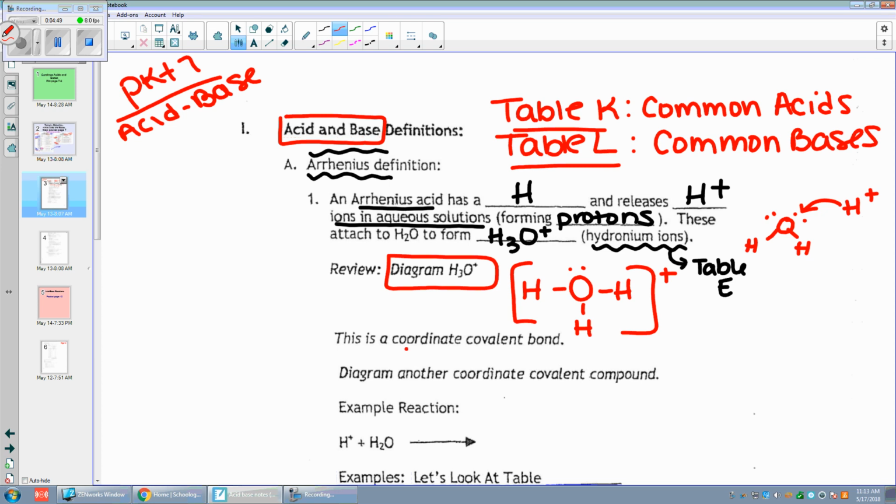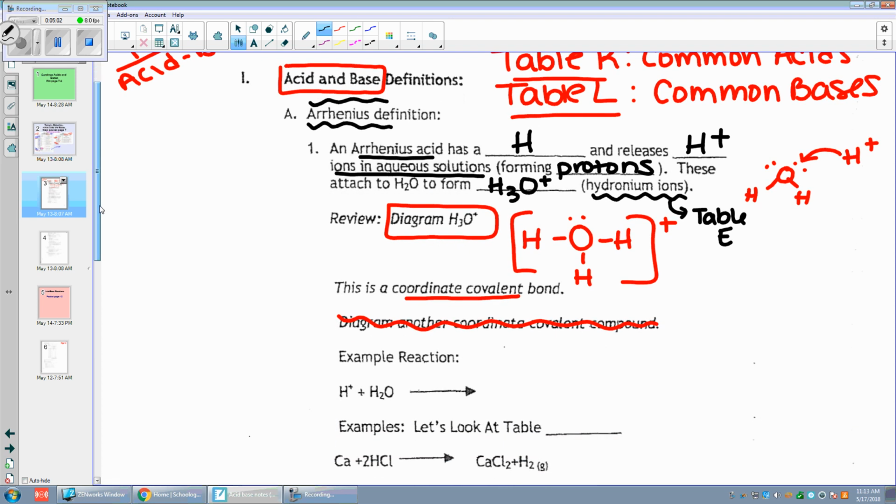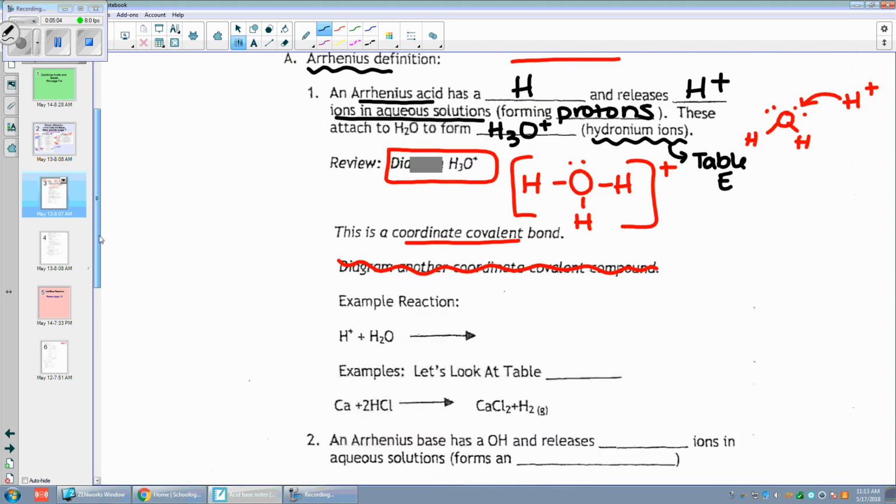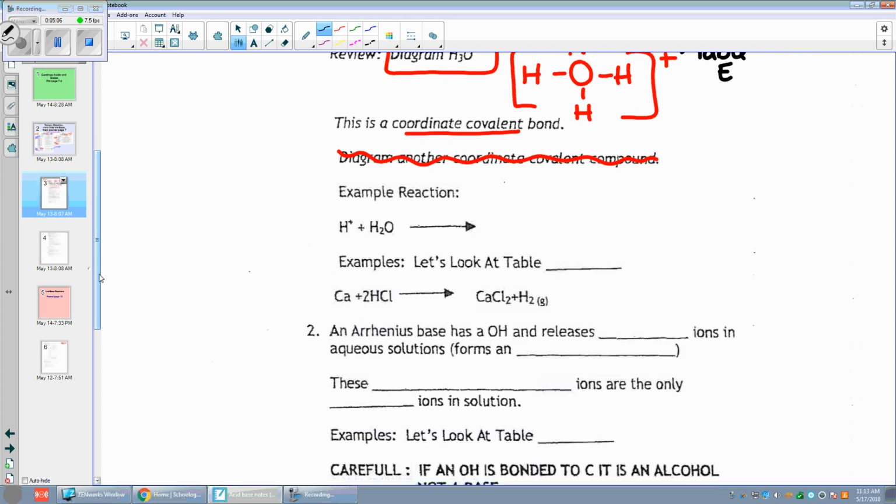That's called a coordinate covalent bond. We don't have to diagram another, but it is coordinate covalent because basically it's giving electrons to that proton. The example reaction for that was H plus going to H2O, which forms H3O plus.